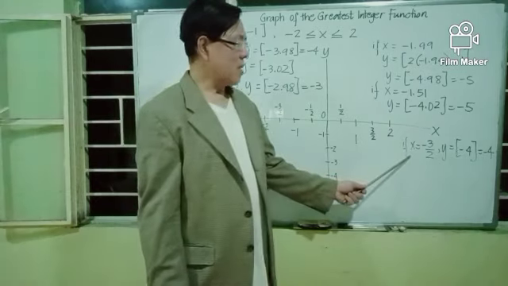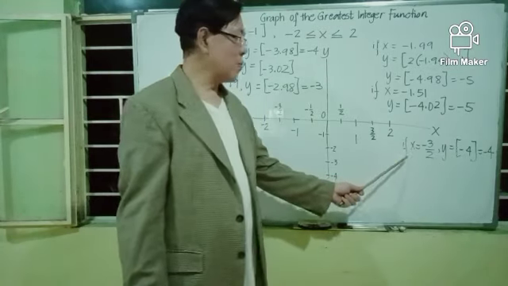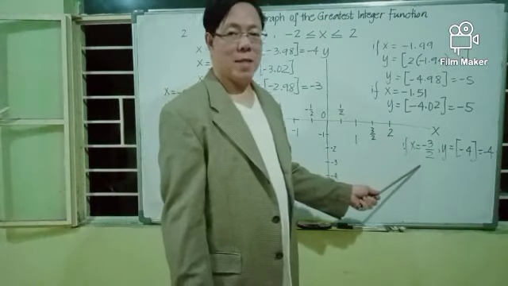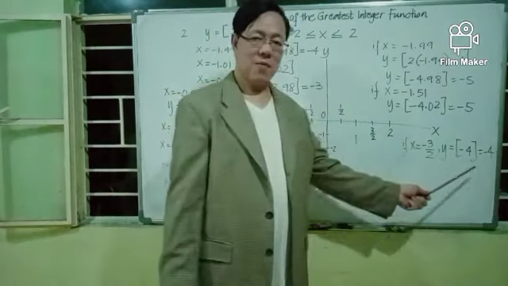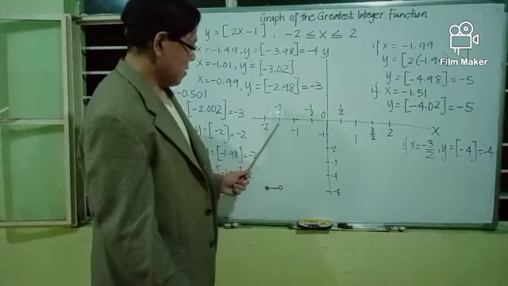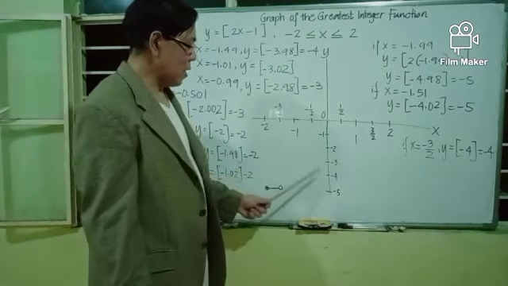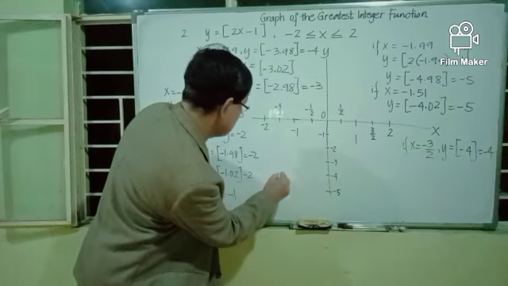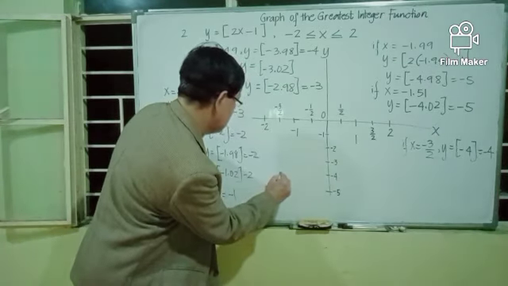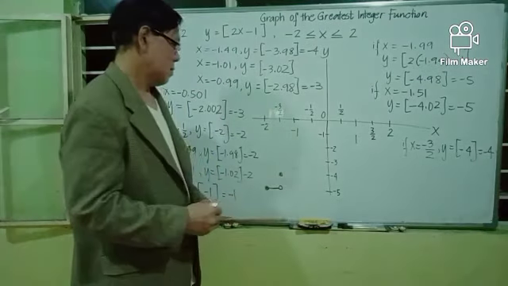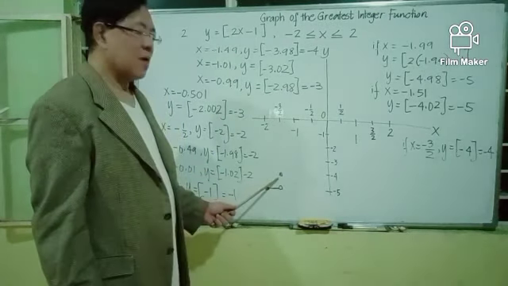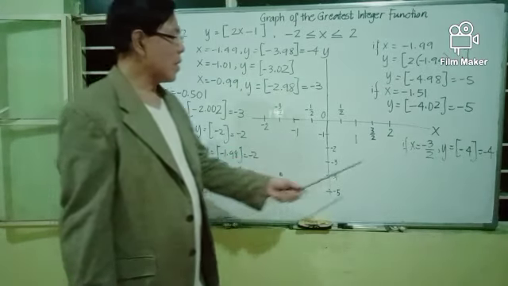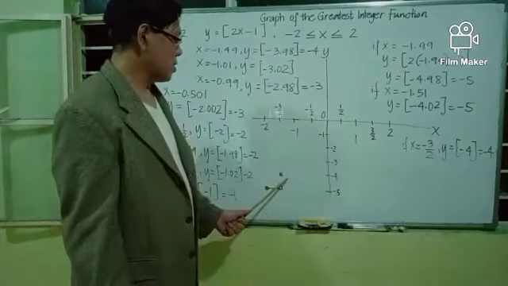And we have shown that if x is negative 3 over 2, the value of y is negative 4. So we plot this point negative 3 over 2 and negative 4. X is negative 3 over 2 and y is negative 4. That is the graph when x is negative 3 over 2, a point.